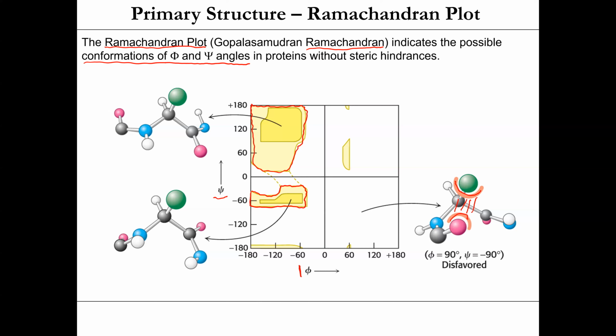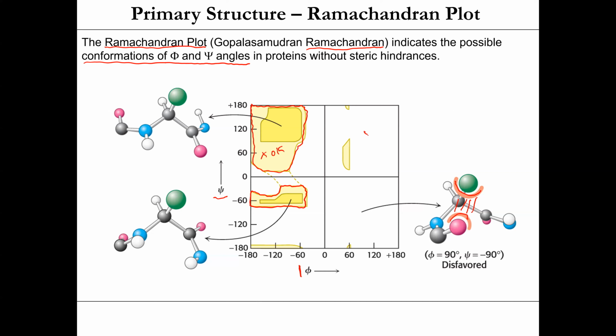So while polypeptide chains can rotate around their phi and psi bonds, there's definitely some conformations that are much more thermodynamically stable than others, and this Ramachandran plot is able to illustrate that. So if you're determining the three-dimensional structure of a new protein, you would always make sure that the phi and psi bonds of each of those individual amino acid residues on that polypeptide chain conform to what's expected with this Ramachandran plot.